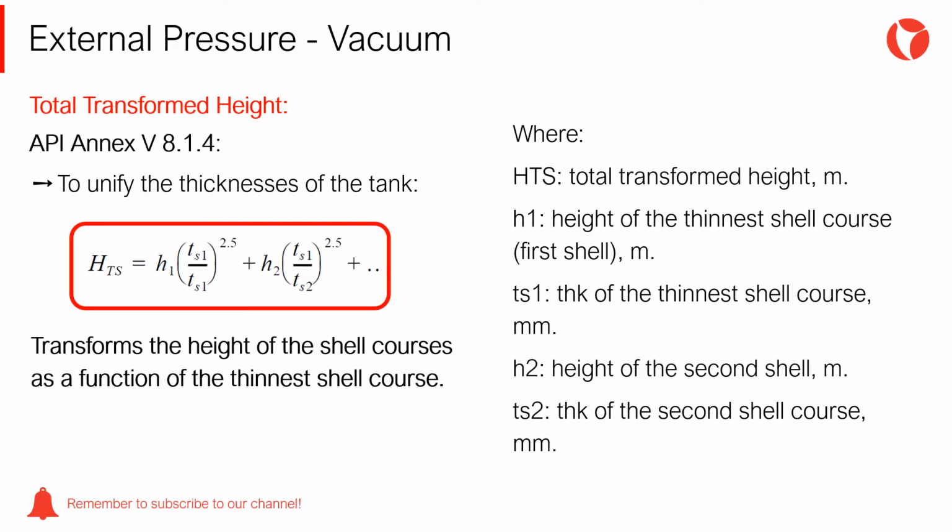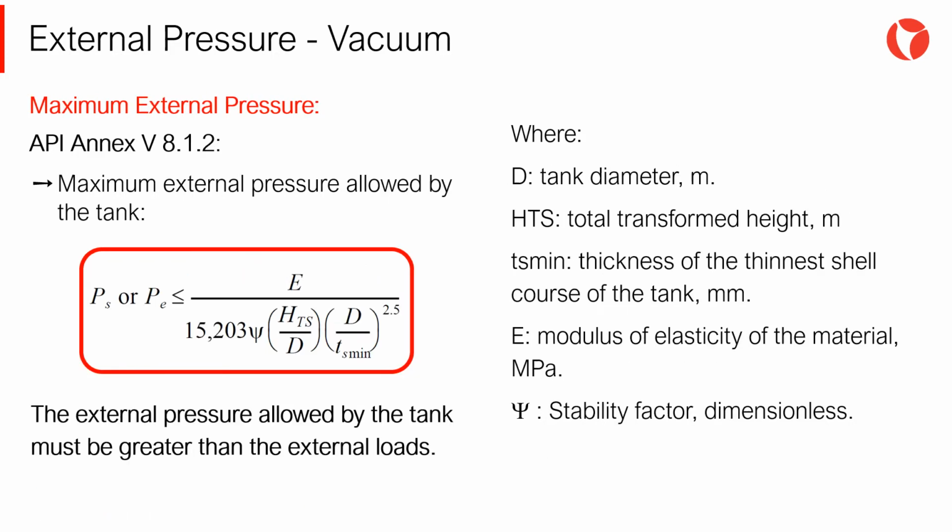This is achieved by transforming the height of the shell courses as a function of the thinnest shell course as shown on the screen, where HTS is the total transformed height, H1 is the height of the thinnest shell course, TS1 is the thickness of the thinnest shell course, H2 is the height of the second shell course, TS2 is the thickness of the second shell course.